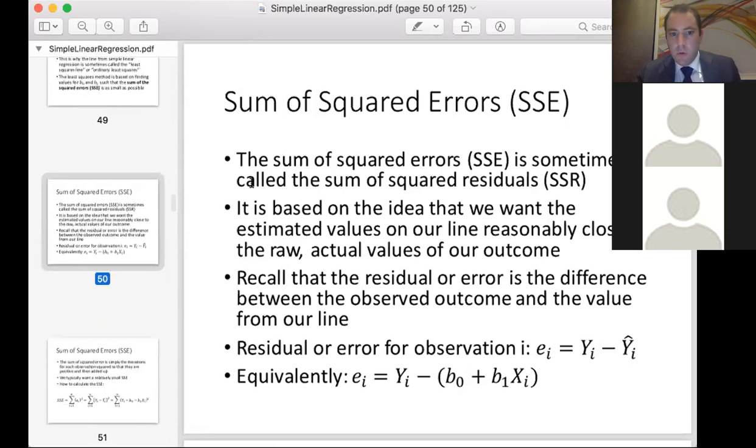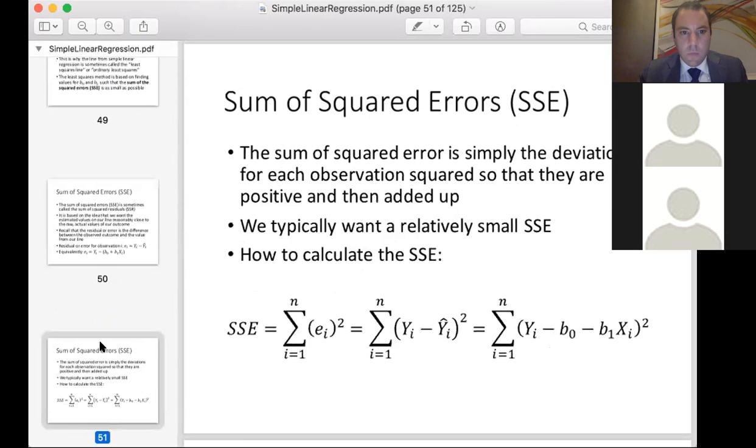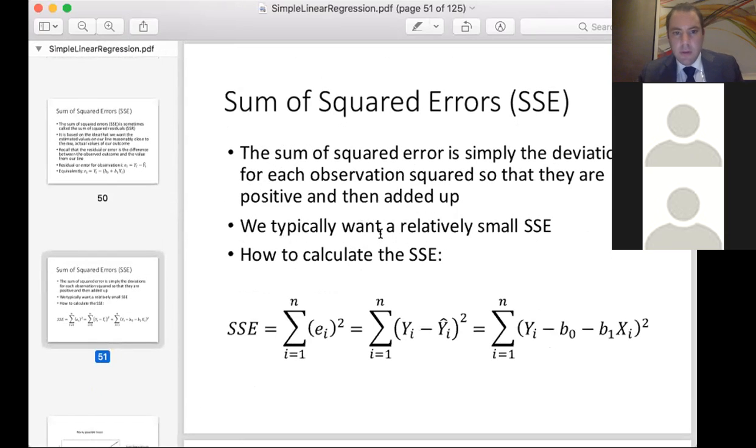Okay, so let's just take a look. Here's the formula for the sum of the squared errors. As it's saying, we typically want a relatively small SSE, so it's as close to 0 as possible.